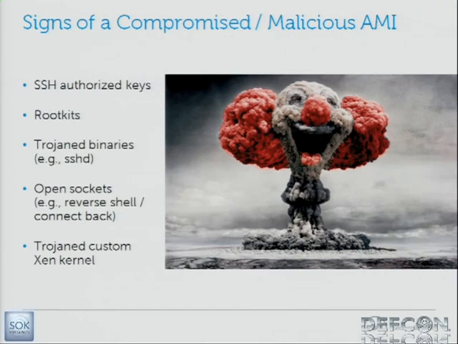And then we tried to do a little bit of looking for signs of a malicious AMI. This is primarily the SSH authorized keys. There's possibilities for rootkits, Trojan binaries, reverse shells, connectbacks, those sorts of things. With the PV-GRUB kernels that they support now, you can run your own kernel on EC2, so you could backdoor the kernel directly if you wanted to.